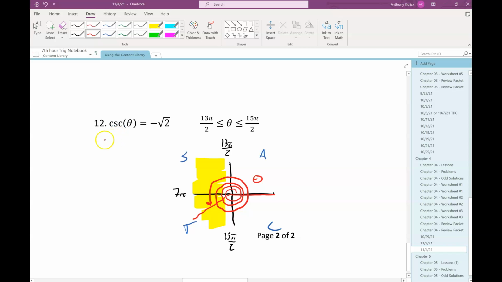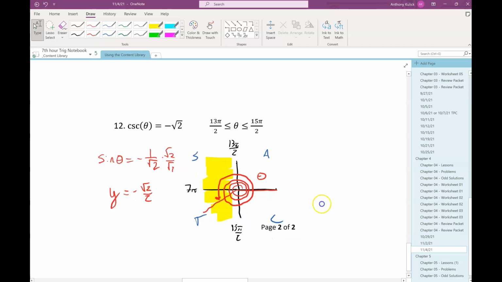So here, I know that cosecant is equal to this, and I know sine is the reciprocal of cosecant. So really I can say I'm looking for sine is equal to the reciprocal of the square root of 2. And here I would rationalize my denominator. So really I'm looking for the place in quadrant 3 where the y-coordinate is negative root 2 over 2.